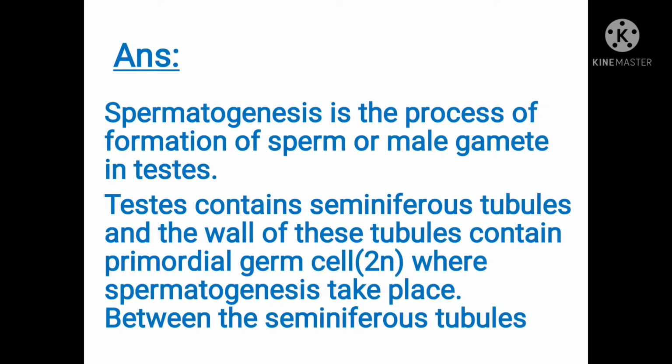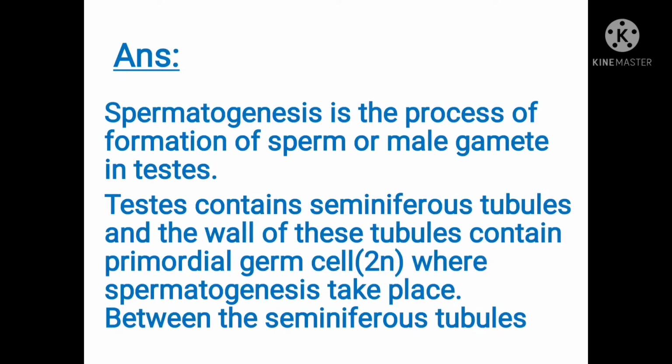Spermatogenesis is the process of formation of sperm or male gamete in testes. Testes contain seminiferous tubules and the wall of these tubules contain diploid primordial germ cell where spermatogenesis takes place.